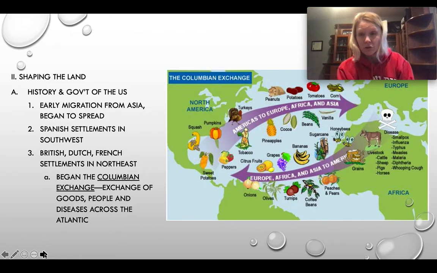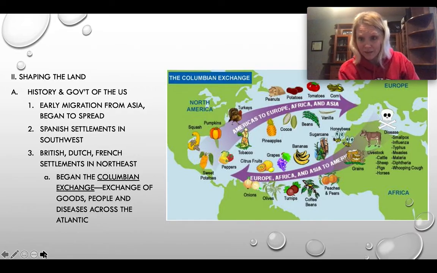So after Christopher Columbus found the New World, but again, he didn't find anything that wasn't already there, that people weren't already living on and inhabiting and taking care of for generations and millennia, actually. But he did usher in this system of trade.